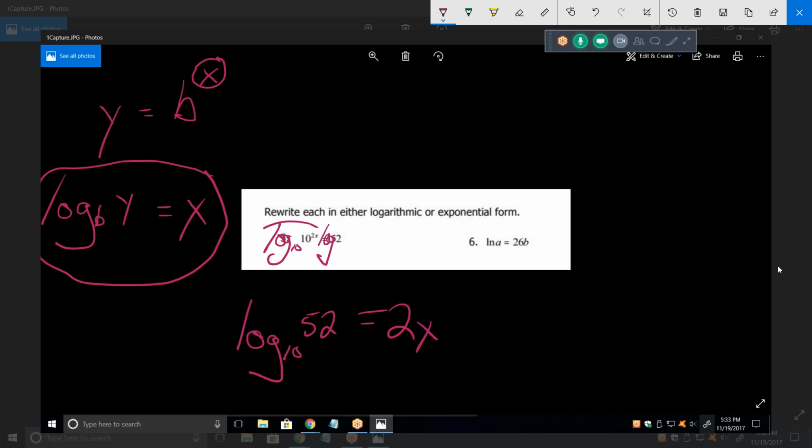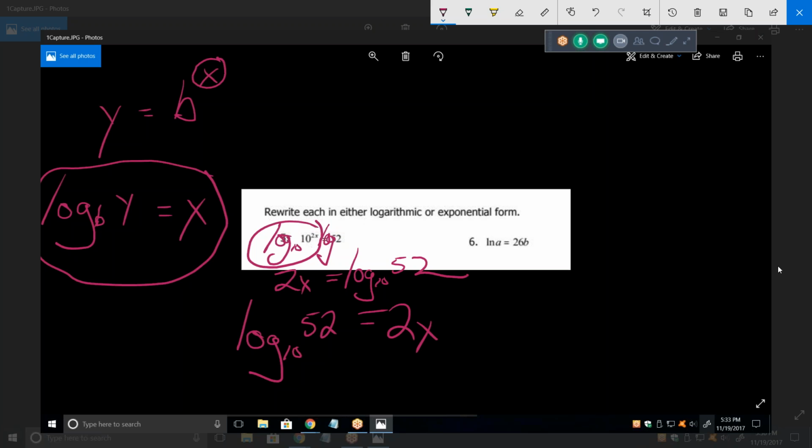Well, what is log base 10 of 10 to the 2x equal? I'm not sure. Whenever the base is the same as the argument, then the answer is the exponent. So that turns into 2x, and I get log base 10 of 52.